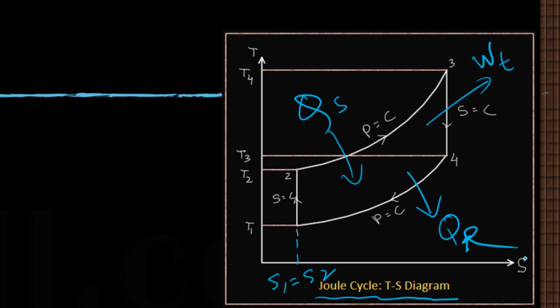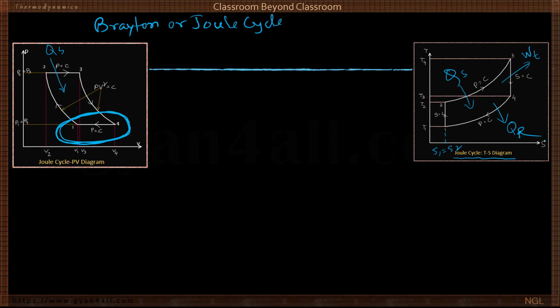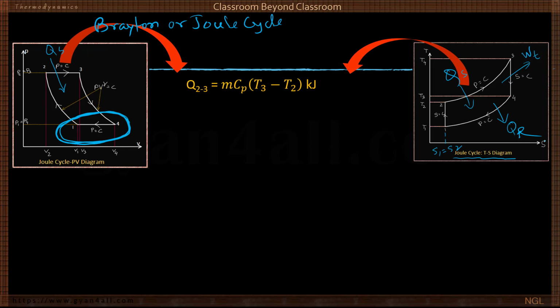Okay. Now let's see how the heat is interacted. So during process 2, 3 in the PV diagram as well as in the TS diagram, Q2,3, which we call QS also, heat supplied, is done at constant pressure, so it will be mCp (T3 minus T2). Generally in SI unit we express the heat in Joule or kilojoule.